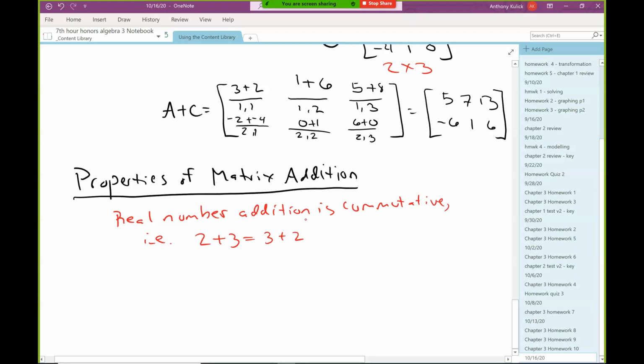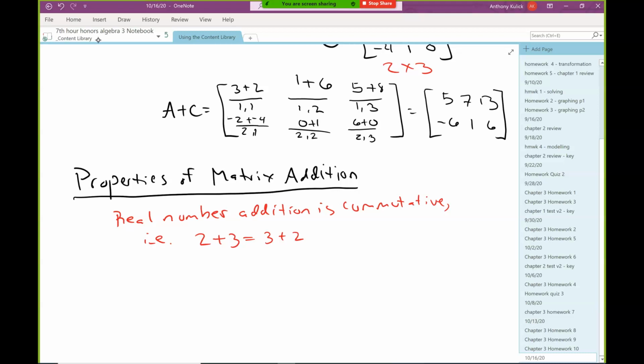Do you think matrix addition is commutative, in general? Can I take any matrices and have A plus B equal to B plus A? Be careful here. The answer to that is no. Why?